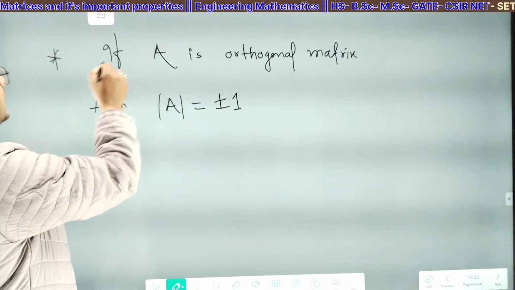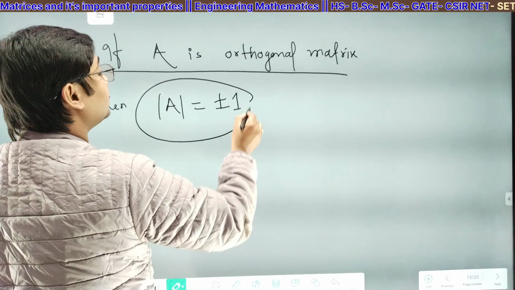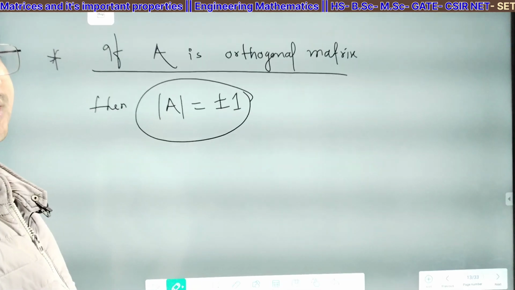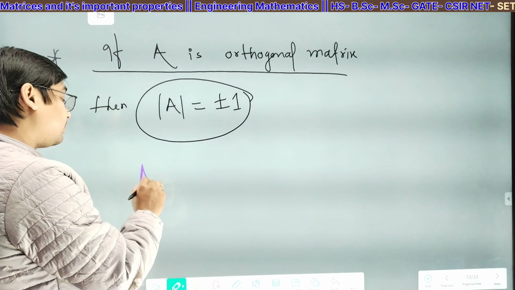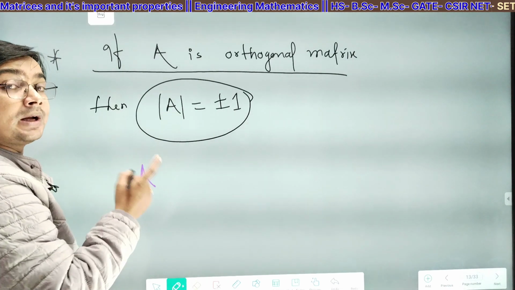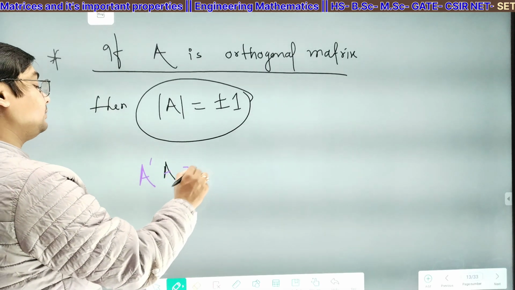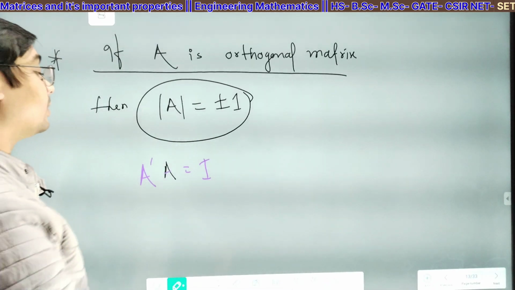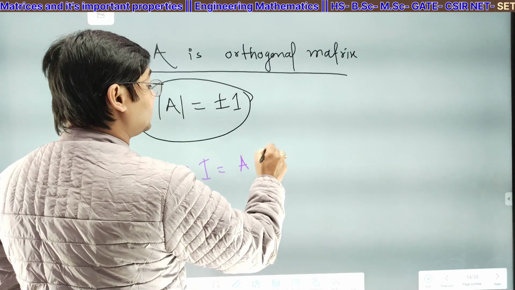And also, if A is an orthogonal matrix, then the determinant of A will be plus or minus 1. Either plus 1 or minus 1, it will be one of the two. Now in the case of an orthogonal matrix, do you know when a matrix is called orthogonal? Only when A transpose A equals identity, or A into A transpose equals identity.